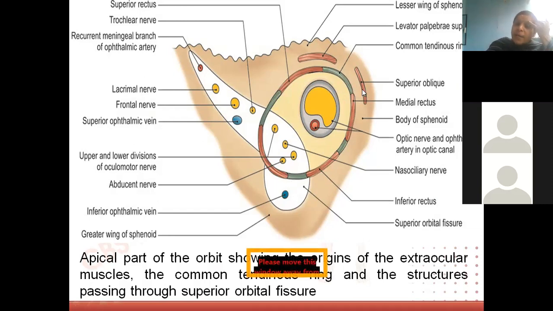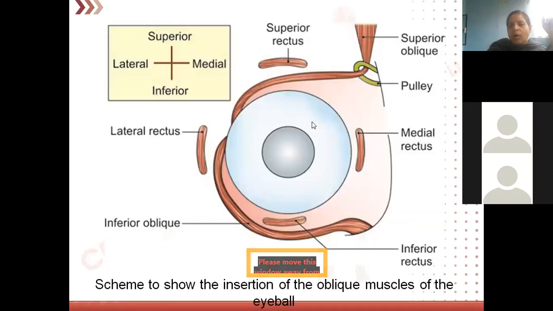Superior oblique is coming from the lesser wing of the sphenoid bone. Even levator palpebrae superioris is also coming from the lesser wing of sphenoid bone. All these four recti are getting inserted into the sclera, a few centimeters away from the sclerocorneal junction, which is also called the limbus.